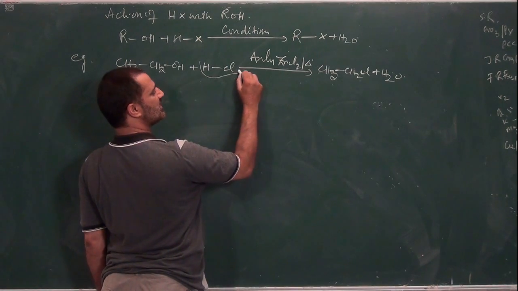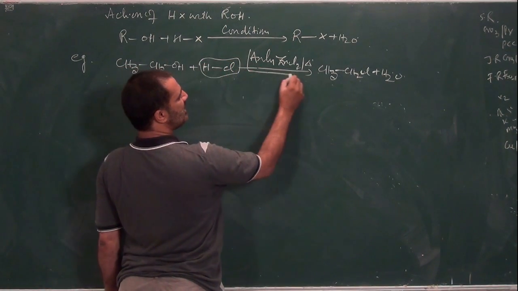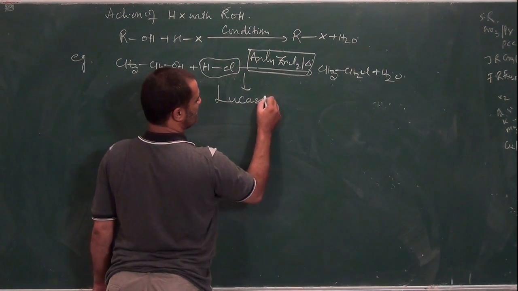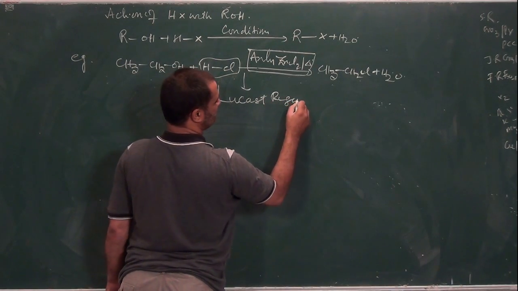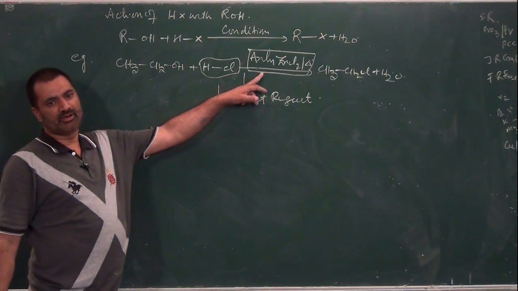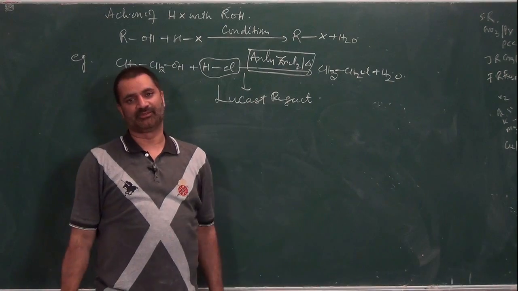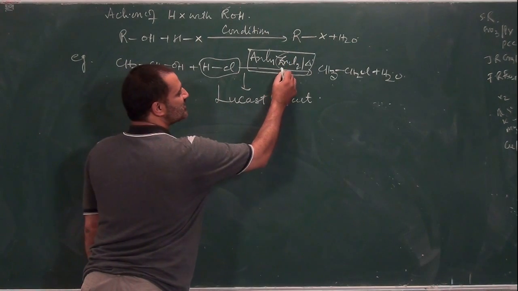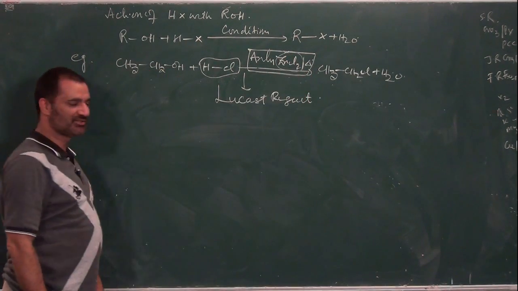An equimolar mixture of HCl and anhydrous zinc chloride is known as Lucas reagent. By this method only alkyl chlorides are prepared. Why? Because anhydrous zinc bromide is not stable.